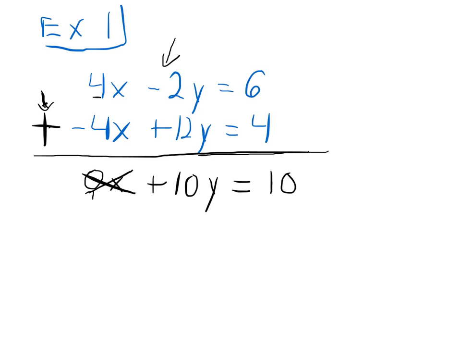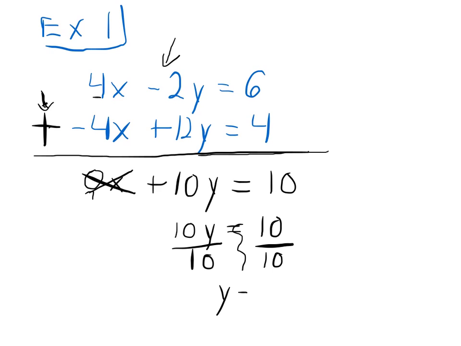Once we eliminated it, now we just have the y's. So what I'm left with is 10y is equal to 10. Can we solve for y and figure out what it is? Absolutely. Divide both sides by 10. And y is going to equal, 10 divided by 10 is 1.